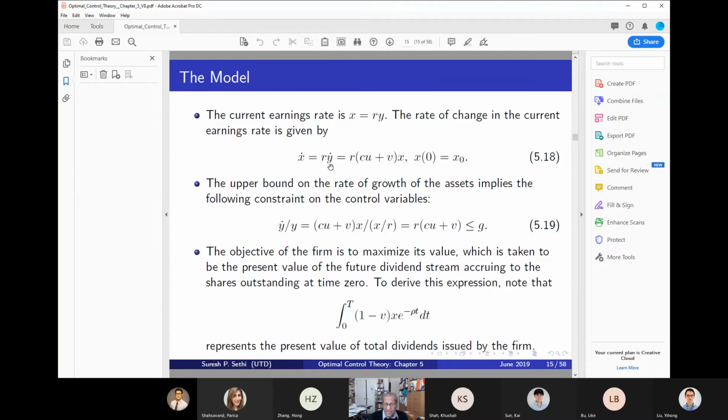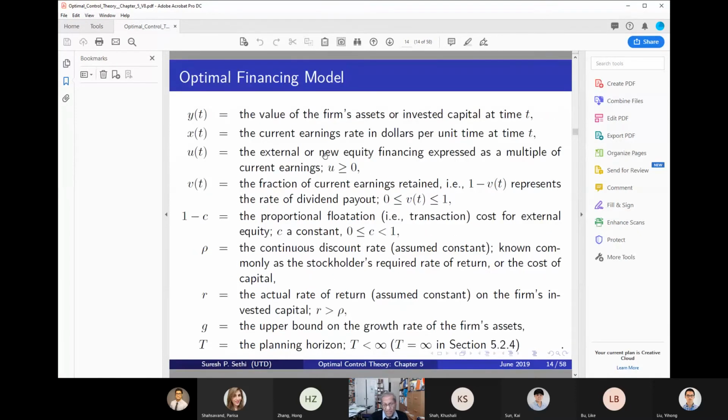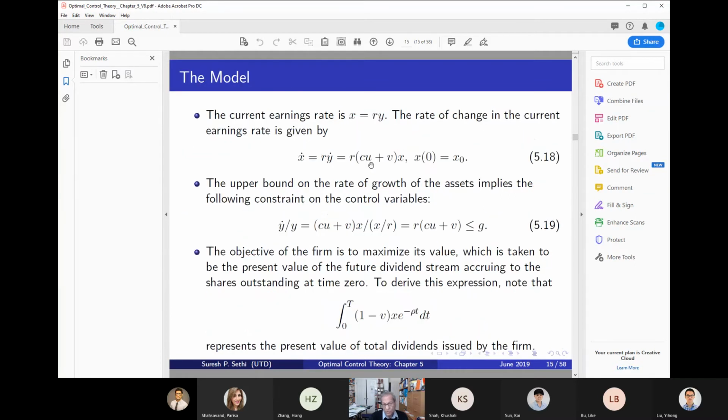Y dot is the rate at which the bond balance is increasing. Remember, this U and V are in terms of fractions of the earnings rate. X is the current earnings, so this is not an absolute value. What is being financed is U(t) times X. What is being retained is V(t) times X.